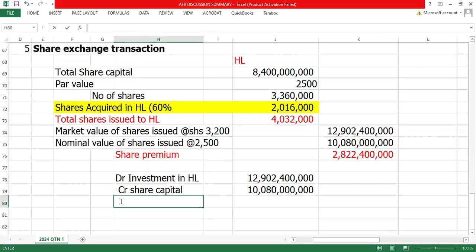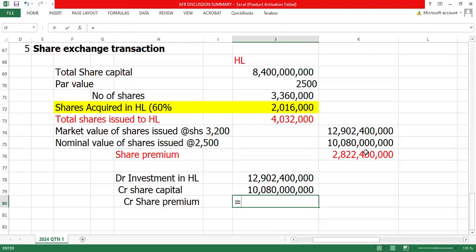Then you credit the difference, share premium. That is the transaction that you should make.